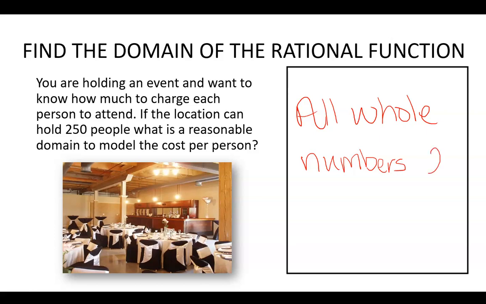And we do know that our venue holds 250 people, but it only holds 250 people. So all whole numbers less than or equal to 250. Hope you did all right with that one. So if you ever hold an event, make sure that you have a domain within your mathematical model, or your calculations will not work.